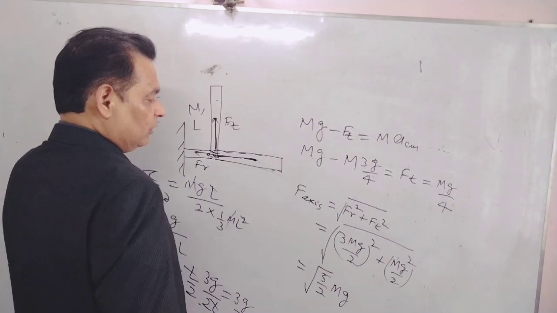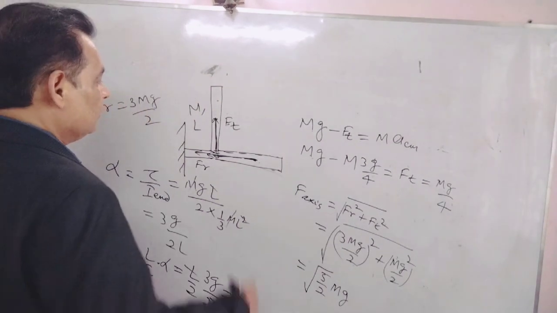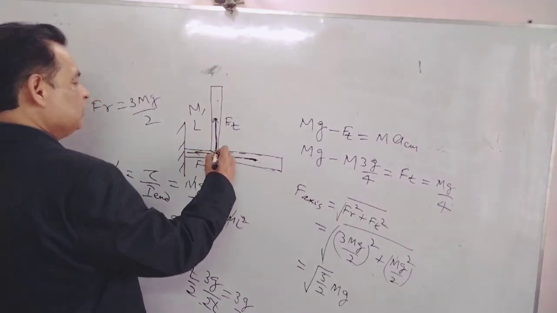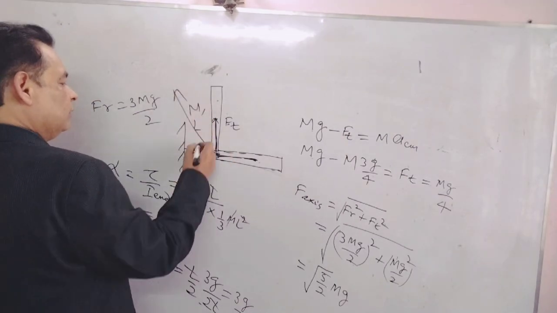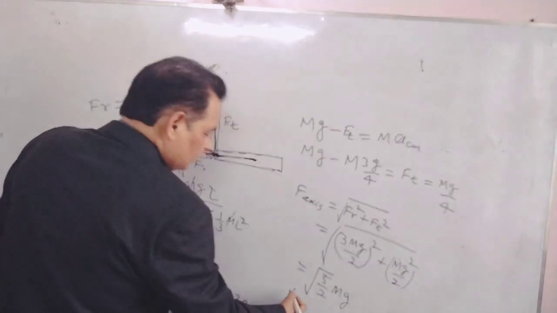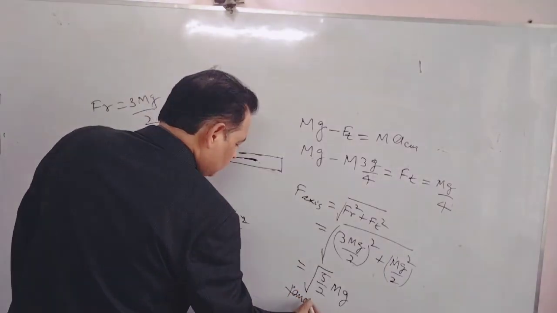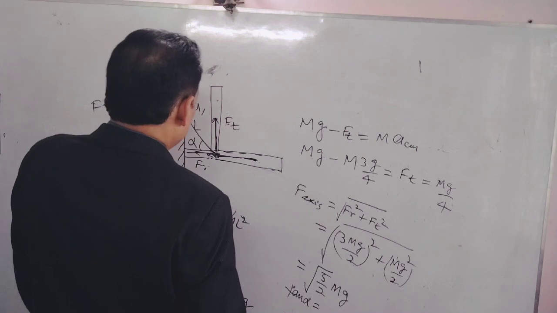That is F axis. We can find out the direction also. If this force is in this direction at alpha angle about vertical, tan alpha can be written as Ft by Fr.